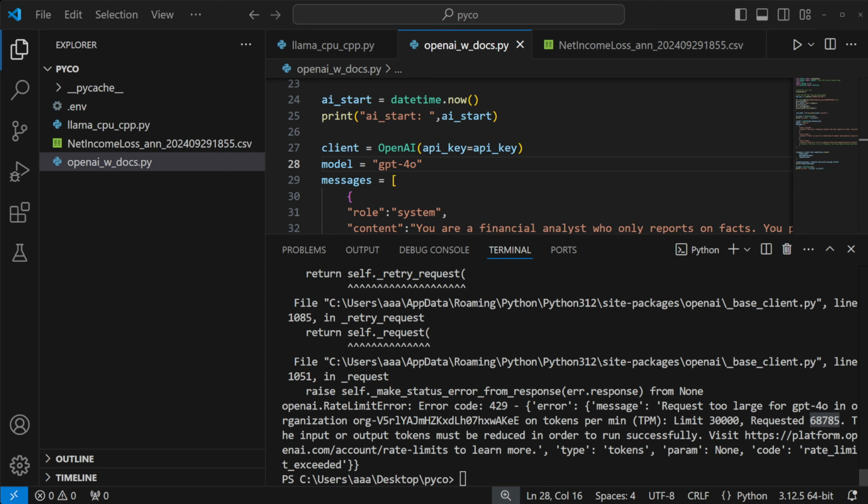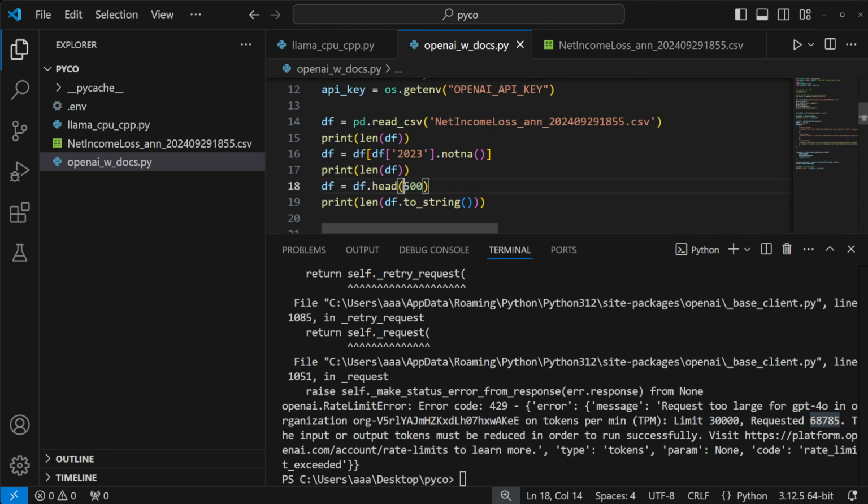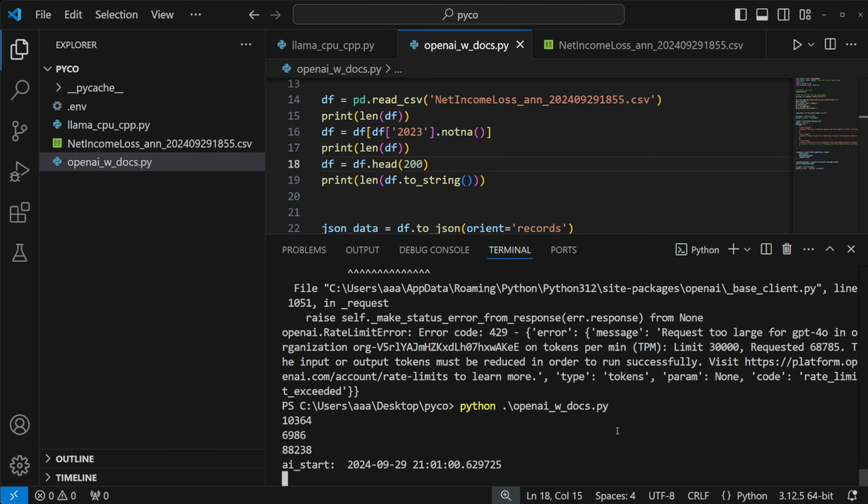Anyways, let's just keep looking at this. You can see that the limit is 30, right? So I requested double what the limit is. If I knock this down from 500 to 200, let's see what style of response is different.